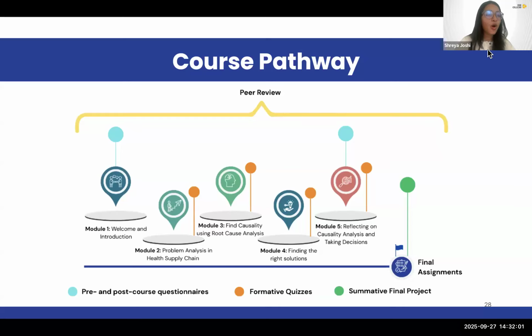At the end of the 5 modules, you have a final assessment test, which is compulsory for all participants to pass in order to receive your CPD certification if you need one. There would be questionnaires and formative quizzes. There would be a final project also during these six weeks. So it would definitely be intensive, but we have taken care that you are professionals with limited time, so time would not be a problem here.